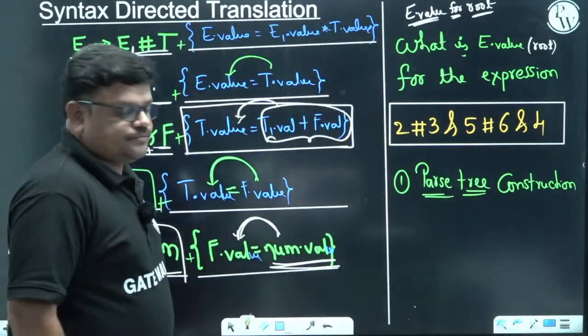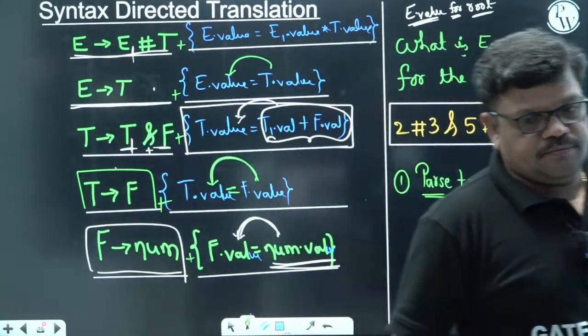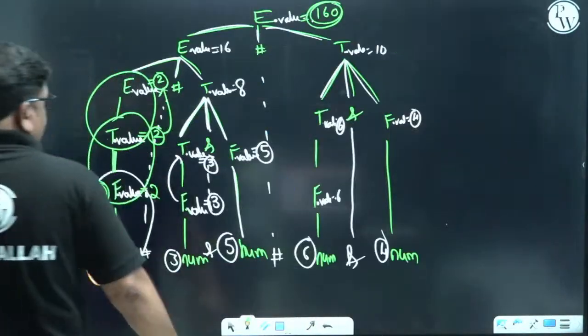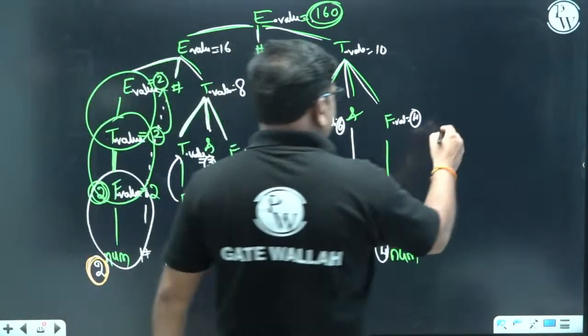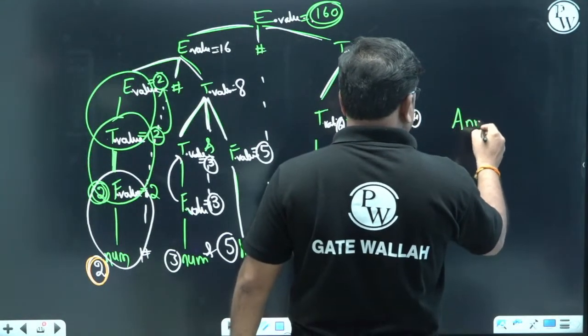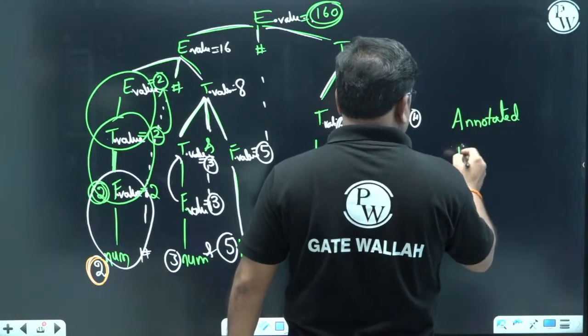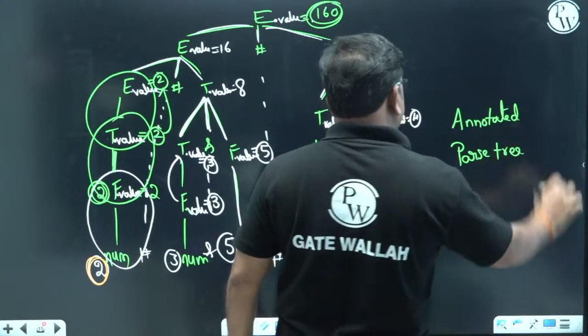Okay. Any doubt in this? So here the main thing is, first construct the parse tree. After this, whatever tree structure is visible, this is called the annotated parse tree. So this is the output of the semantic analyzer.